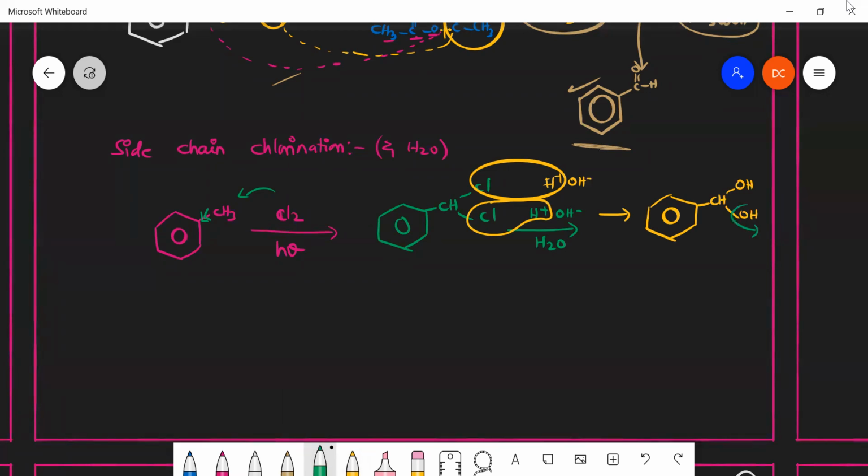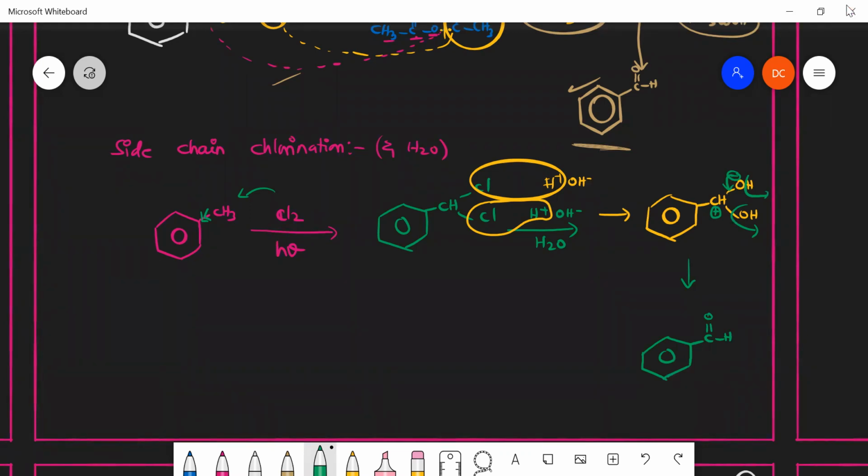It can leave as OH minus, it can leave as H plus. If it is H plus, it can give an electron. If it leaves OH minus, it can pull the electron from here. So it gets a positive charge with a negative charge. This positive and negative will form a double bond. Then I'll get my product like this, benzaldehyde. Okay, this is side chain chlorination.